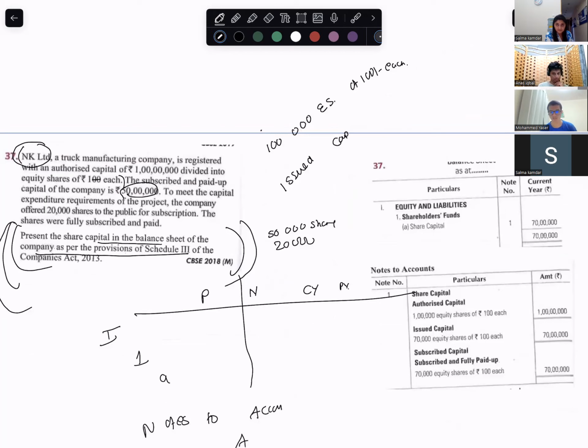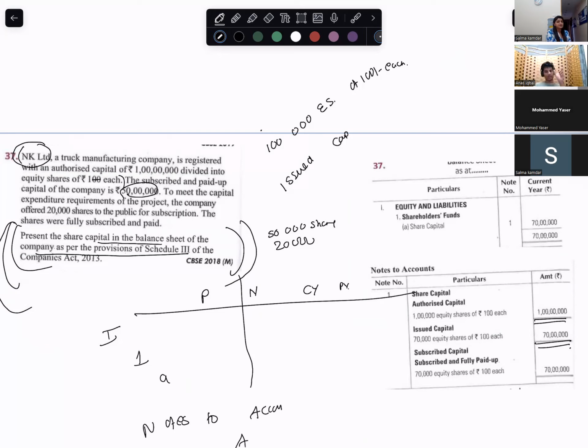Issued share capital is 70,000 equity shares. How will you write? 70,000 equity shares of rupees 100 each. Don't forget to make 2 lines. Now, is it subscribed and fully paid or not fully paid? It is fully paid. Anas, how will you write subscribed and fully paid?